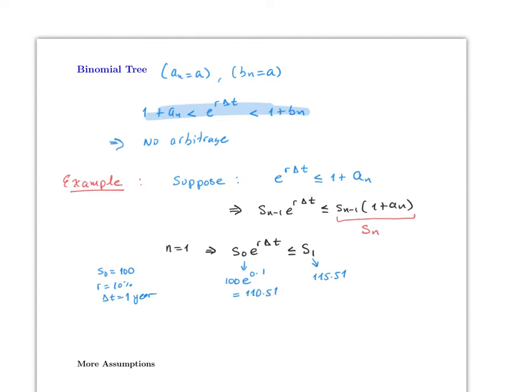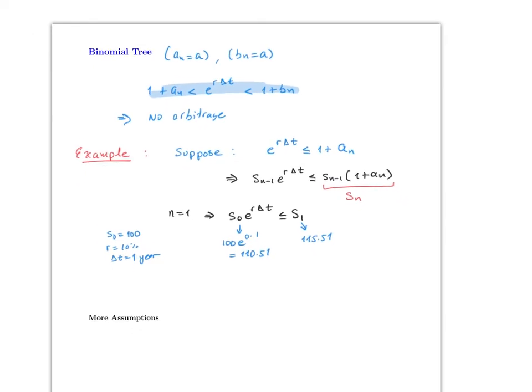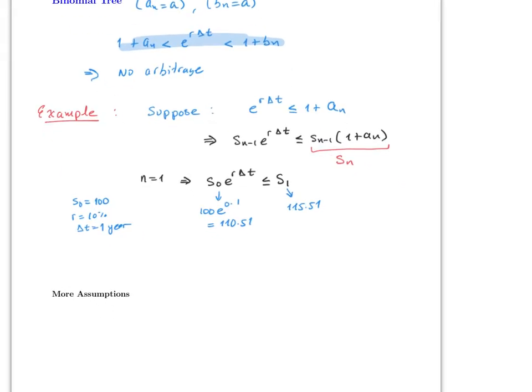So then what will be the strategy? If this is the case, then at time t equals 0, you technically can borrow $100 from the bank, and then you buy a stock. Then at t equals 1, you have to pay back 100 e to the 0.1, which is 110.51.